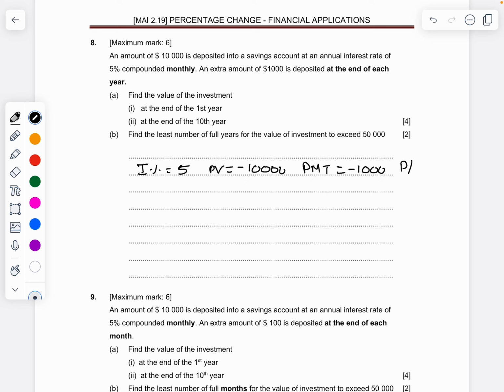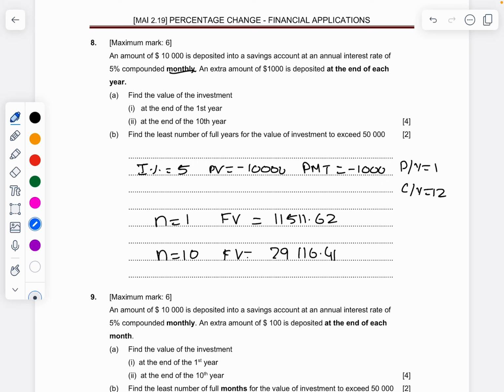Then P/Y equals 1, C/Y equals 12 because it is compounded monthly. So set n equals 1, then the final value is 11,511.62. Set n equals 10, final value will be 29,116.41.